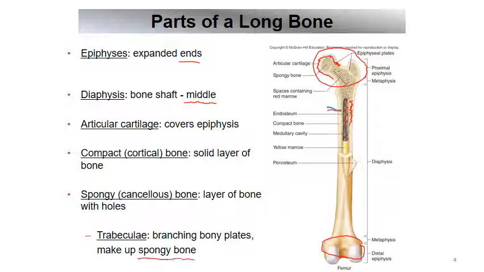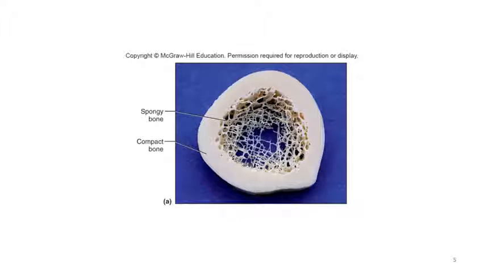It really means the bony parts making up the spongy bone, but just know trabeculae is spongy. On this picture, we're just seeing the bone cut across, and you can see how the compact bone is on the outer layer, spongy bone is on the inner layer. Then we're going to learn that in the spongy bone, we have red bone marrow, which helps to make all kinds of blood cells.